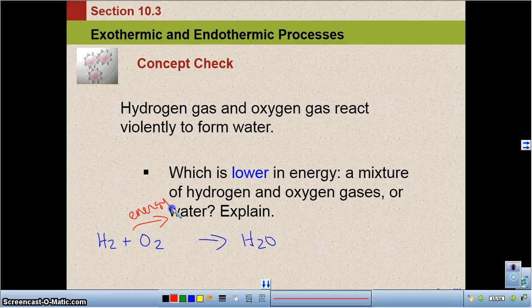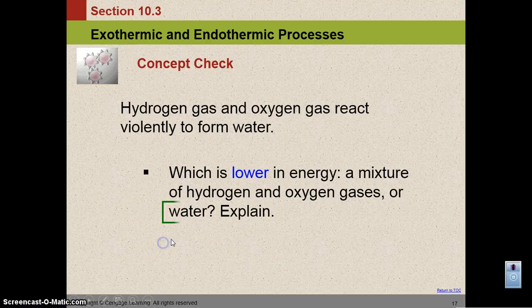And this energy that's given off is given off to the surroundings. So where are we going to see the higher amount of energy, in the reactants or in the product? It's obviously going to be in the reactants, because they reacted and gave off energy to the surroundings. So the energy is higher in the reactants and lower in the products.